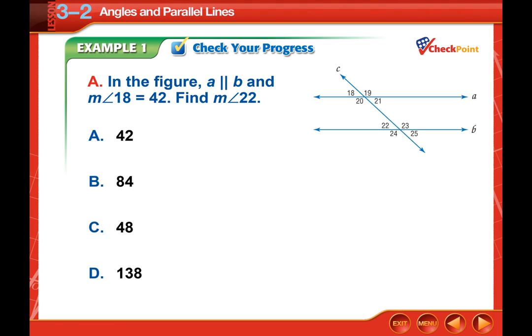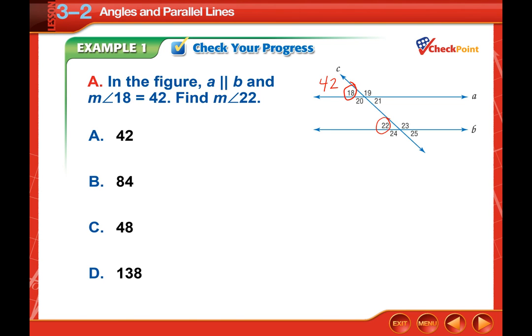In this figure, lines A and B are parallel. And we know that the measure of angle 18 is 42. So this angle has a measure of 42. We need to find the measure of angle 22. Angles 22 and 18 are corresponding angles.